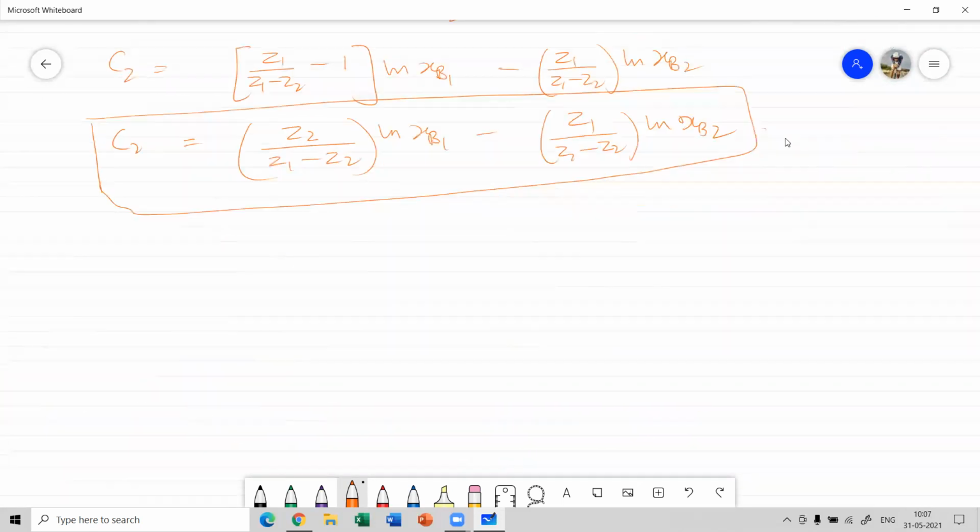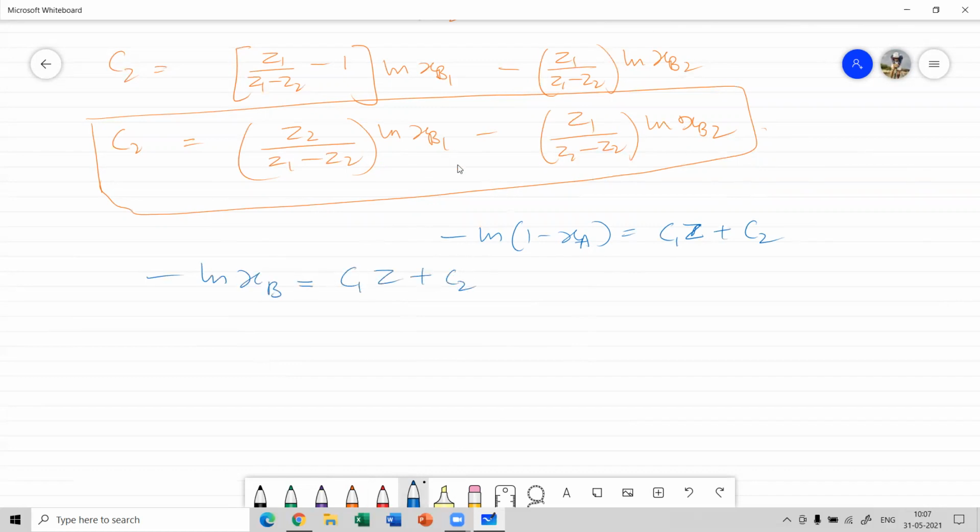Now further, our main equation was minus ln(1 minus x_A) equal to C1 z plus C2. Now this can also be written as minus ln x_B equal to C1 z plus C2. Now let's substitute the values of C1 and C2 that we have into this main equation.